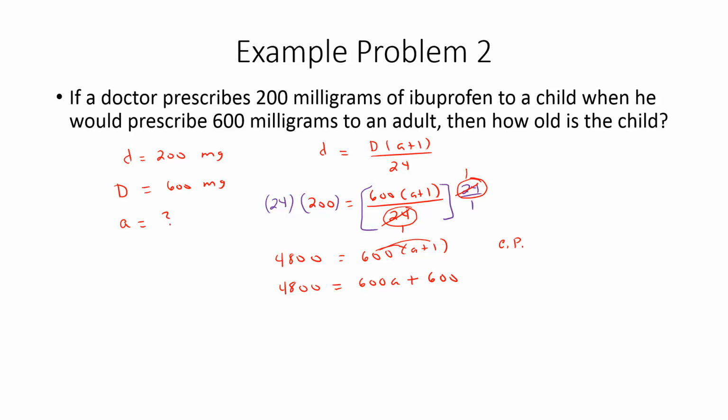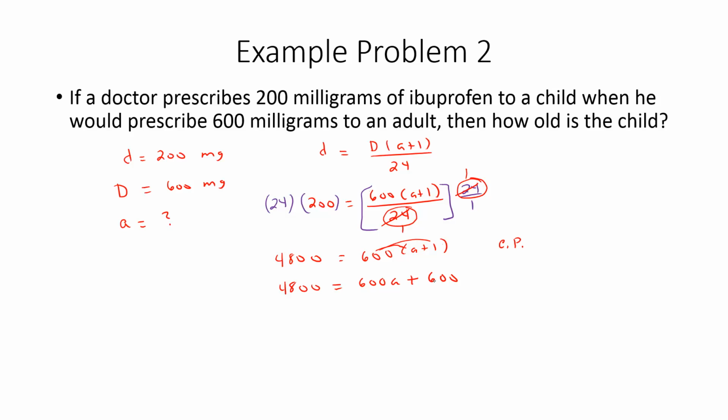Now the next step on my checklist is to get all of my variable terms on one side of the equal sign. Well, the only place that I have a variable here is with 600A, so I'm good with that. The next thing that I need to do is to get my numerical terms on the opposite side. So I have 4800 here and I have 600 here without variables.